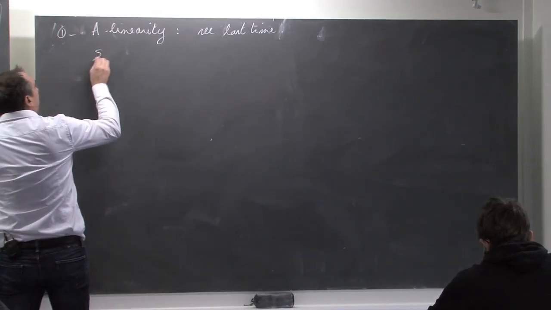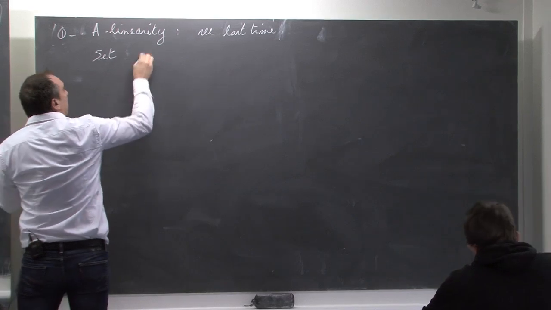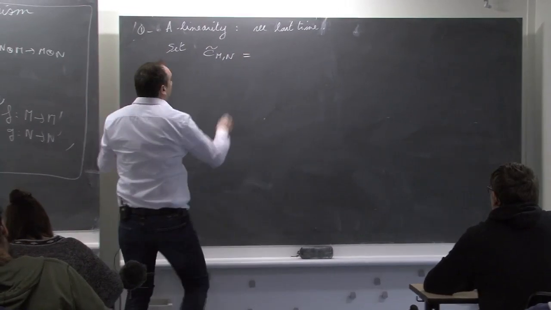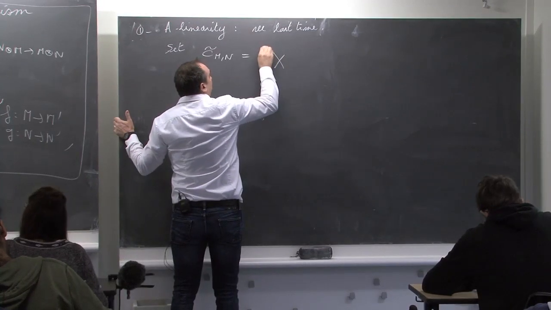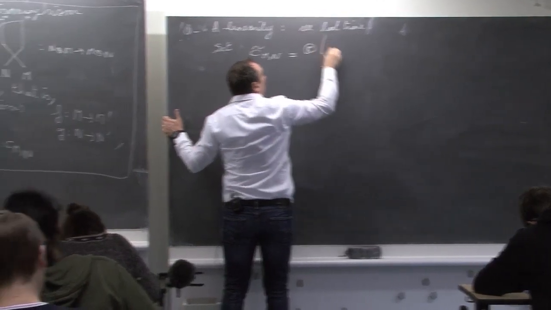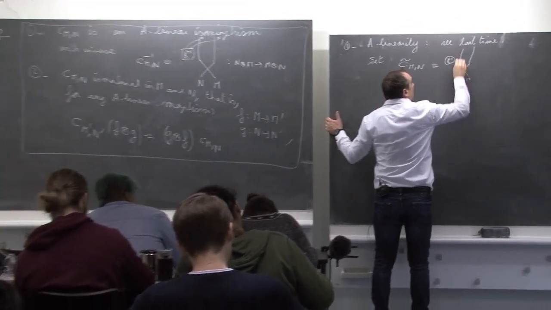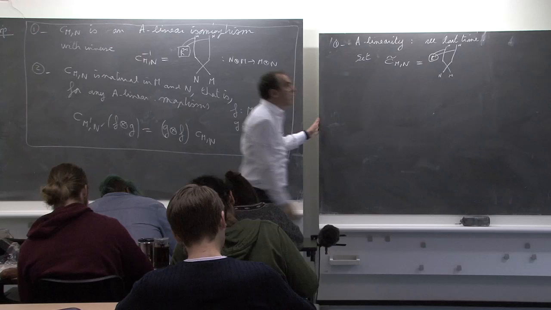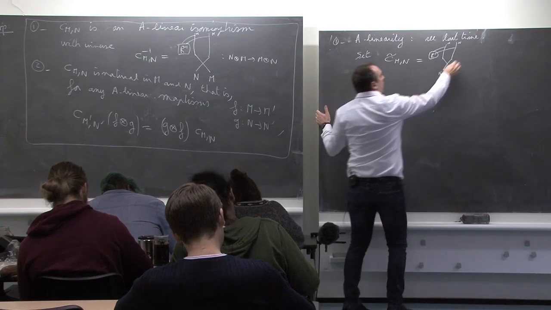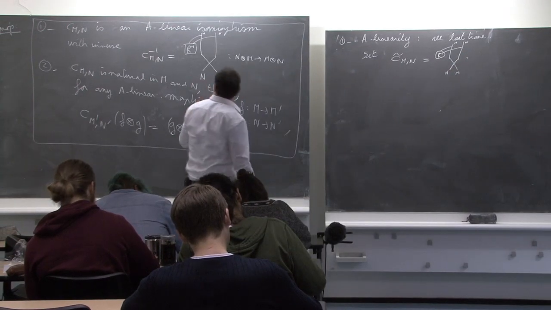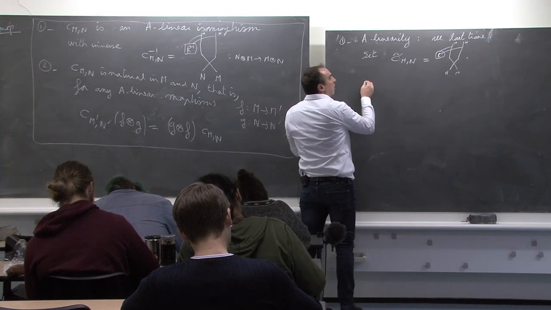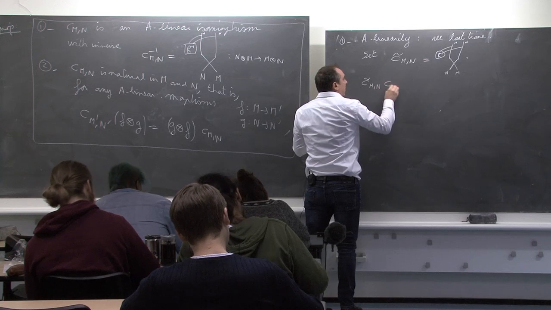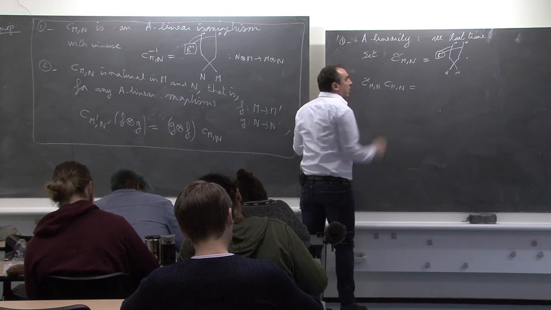Now if I set C tilde M,N to be this formula with R inverse, then I need to prove it is the inverse, so I compose with C_{M,N}. What is C tilde M,N composed with C_{M,N}?